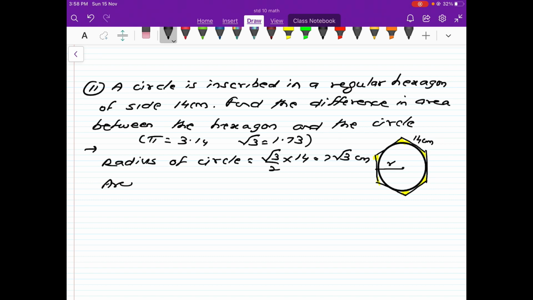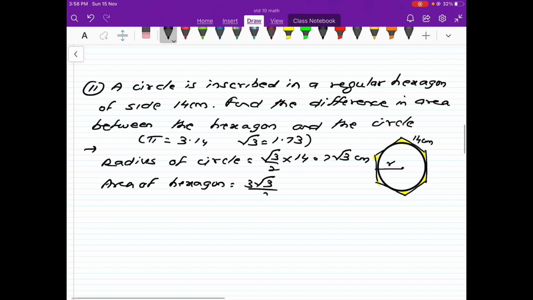So the radius is 7 root 3 centimeters. Now the area of the hexagon is given by 3 root 3 upon 2 into side square. So putting the values, it is 3 root 3 upon 2 into 14 into 14.